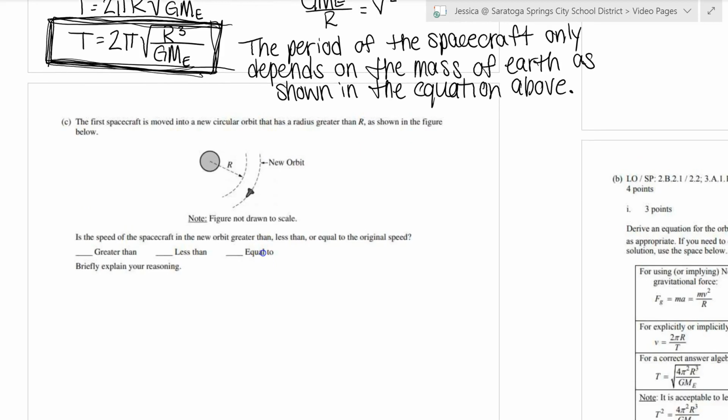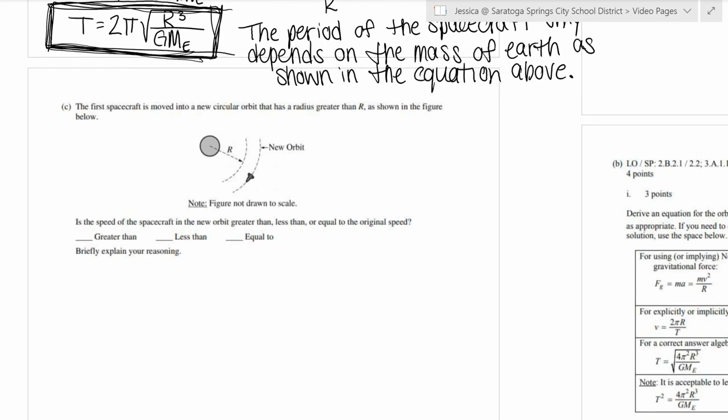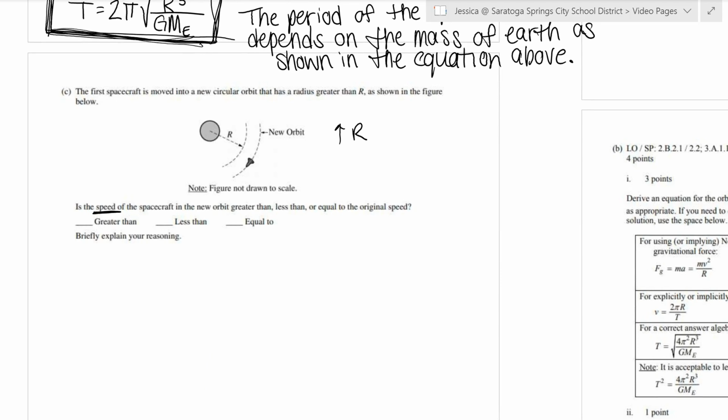All right, and then part C. So this last part. The first spacecraft is moved to a new circular orbit that has a radius greater than r. So we've increased r. Is the speed of the spacecraft in the new orbit greater than, less than, or equal to the original speed?